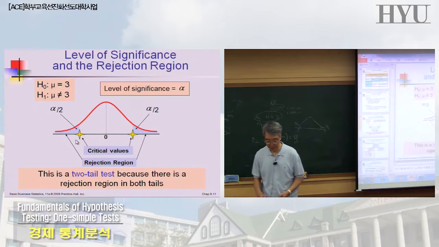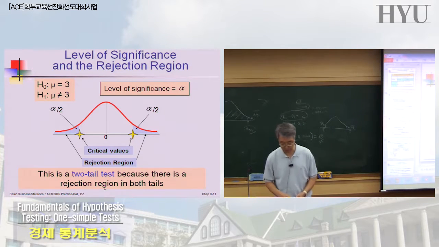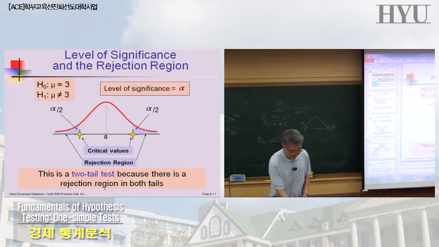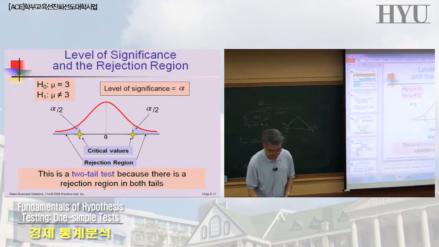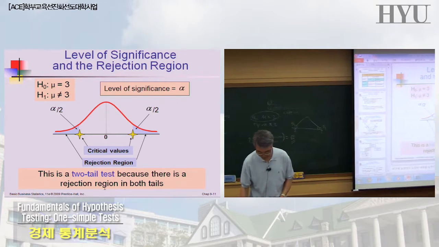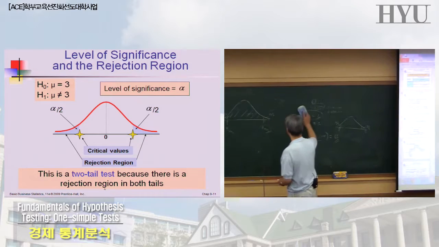The slide says at the bottom that this is a two-tailed test because there is a rejection region in both tails. We'll talk about that later. Later, more exactly, we'll talk about the difference between two-tailed test and one-tailed test. Okay. But the only difference is, let me explain it now, right?